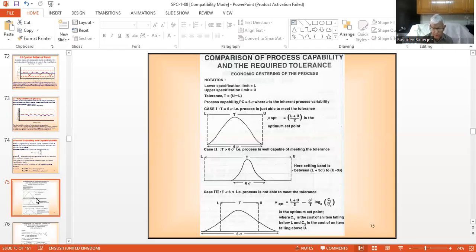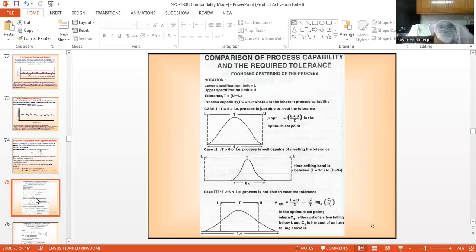It is L plus U by 2 minus sigma square by T log of C2 by C1, where C1 is the cost of an item falling below L and C2 is the cost of an item above U. This you need not worry about. You worry about the first one first, that is this one. Okay. So we shall now work out some problems and see how to work them out.